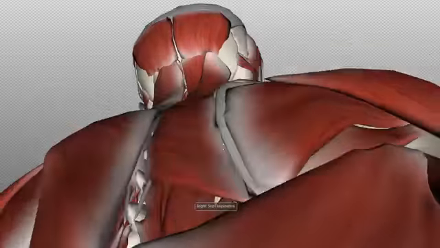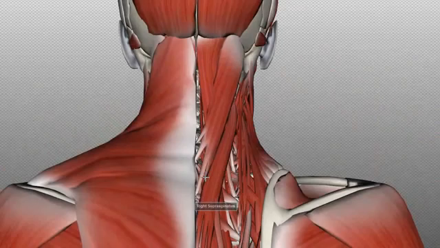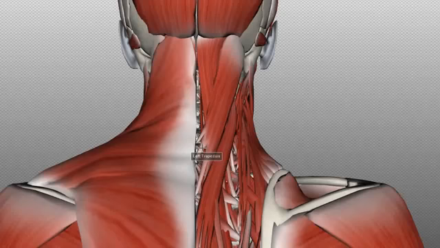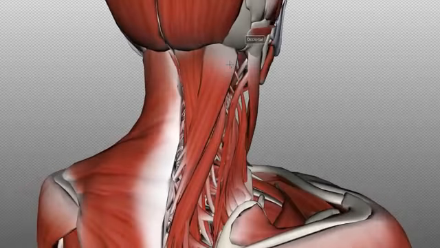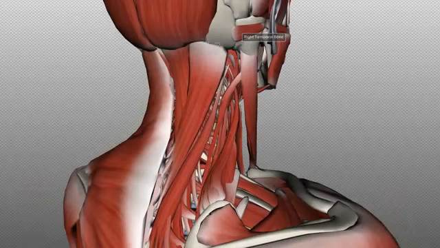So the splenius capitis originates on the spinous processes of the vertebra. So the spinous processes of C7 to T4, and it inserts onto the back of the skull on the mastoid process and just below the superior nuchal line on the occipital bone.